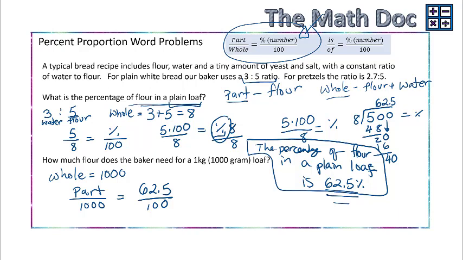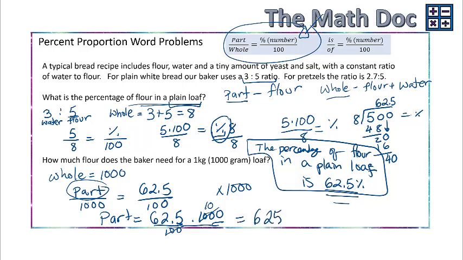So what is our part? Let's multiply both sides of this equation by 1,000 so that we can isolate the part. Part equals 62.5 divided by 100 times 1,000. Luckily for us, 1,000 divided by 100 is just 10. We can cancel that, and this is equal to 10 times 62.5, which is 625.